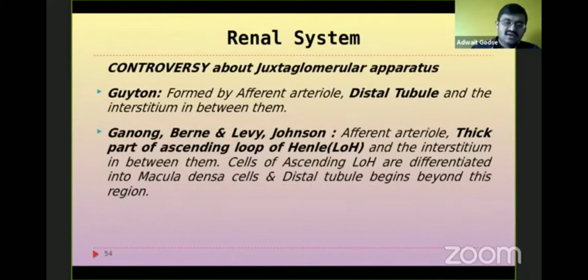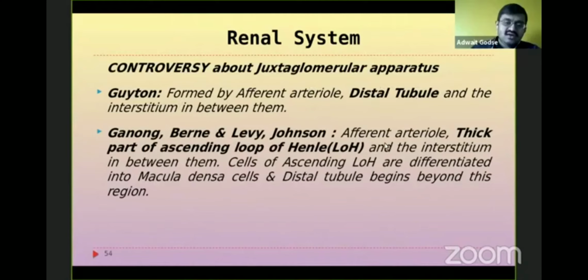A little controversy is there with the structure of the juxtaglomerular apparatus. Usually we consider Guyton as our standard textbook, but there are many other standard textbooks like Ganong, Berne and Levy, Johnson. All of them have a different theory about the structure of the juxtaglomerular apparatus. Guyton says it is formed by the afferent arteriole, the distal tubule, and the interstitium in between them.